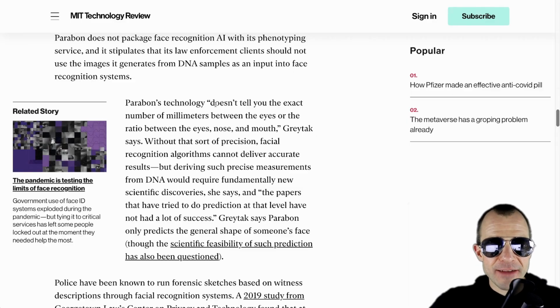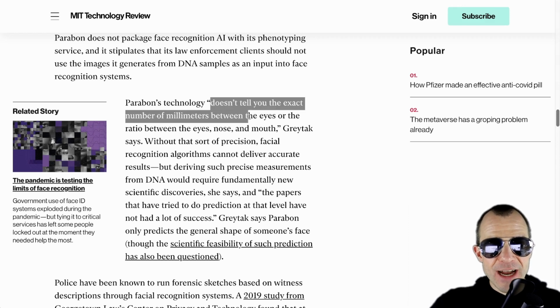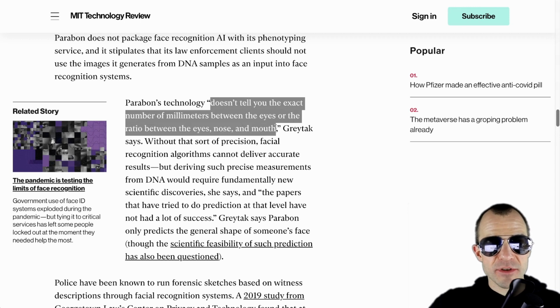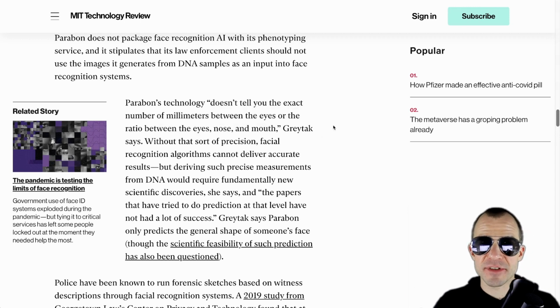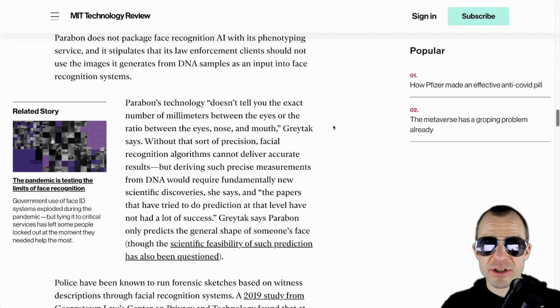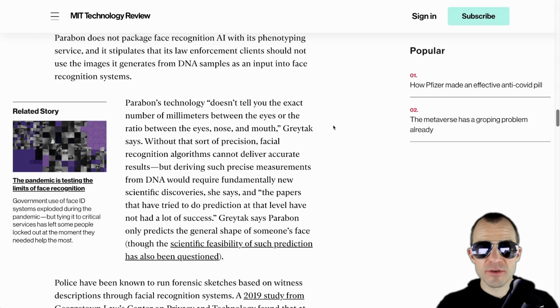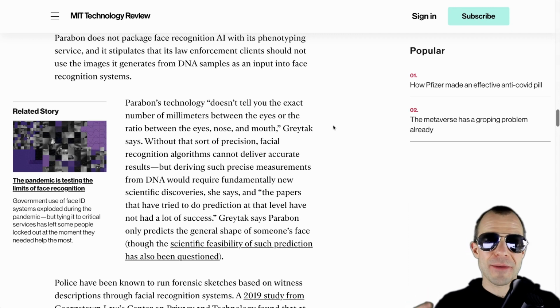So no doubt about that. And they make a good point in that they say the technology will probably not be able to tell you the exact number of millimeters between the eyes or the ratios between the eyes, nose, and mouth. And those are some of the features that the current facial recognition technologies rely upon.